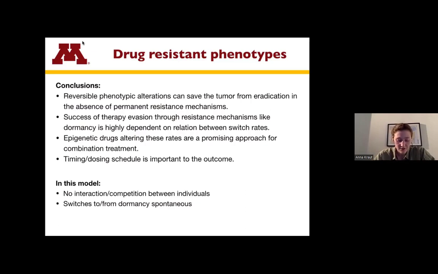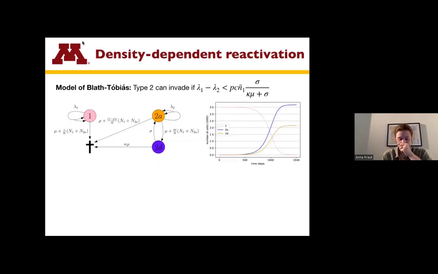And then also the switches to and from the resistant or dormant state in this model are spontaneous, so they're not triggered by any environmental factors. Both of these aspects are changed in the second example.